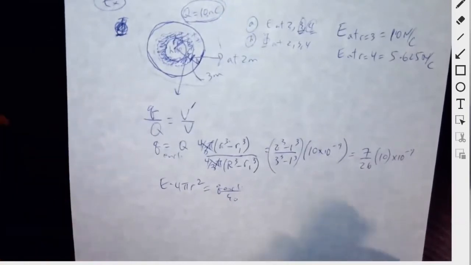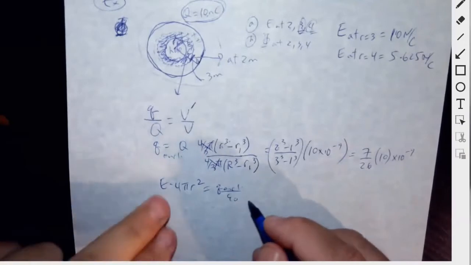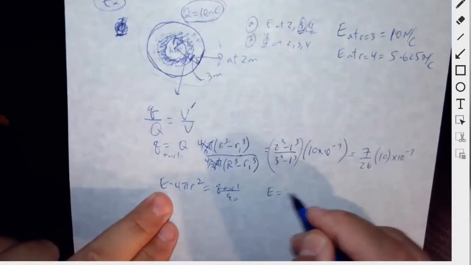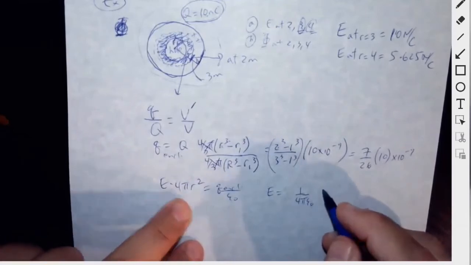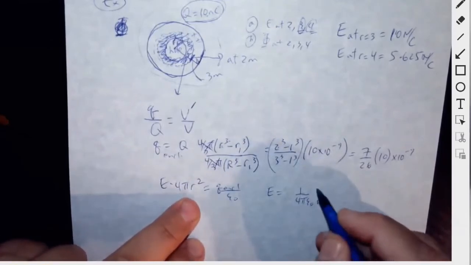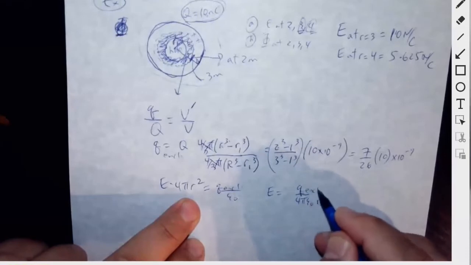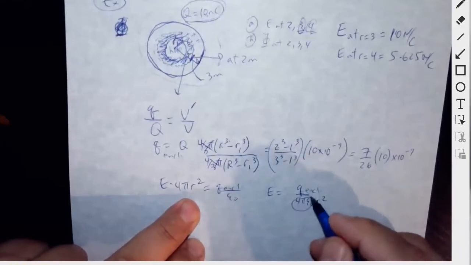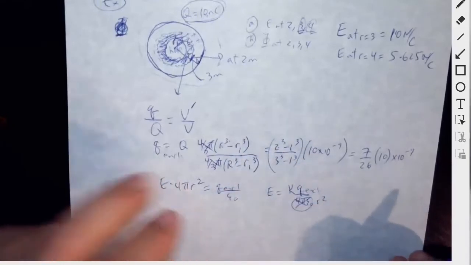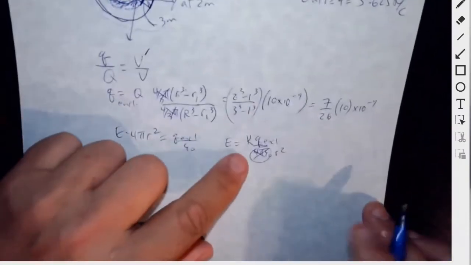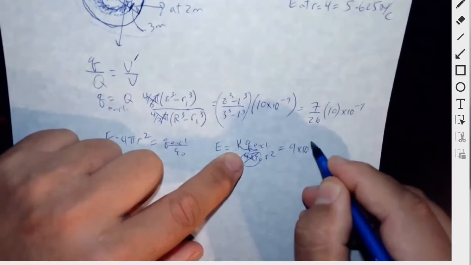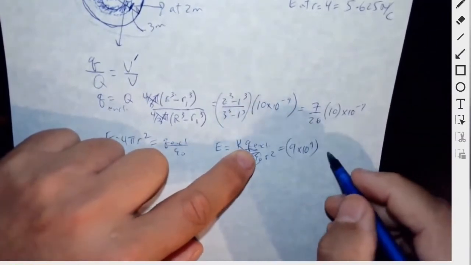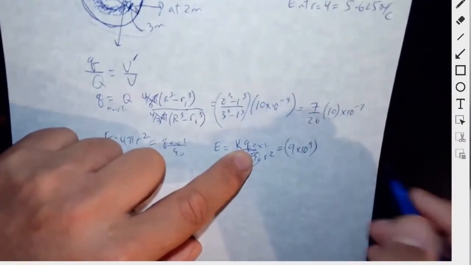Okay, so then E is going to be 1 over 4 pi E0 r squared, and then Q enclosed. And then I could turn this into a K again. K like that. So then I'm going to have here 9 times 10 to the 9th, times the charge enclosed, this guy.